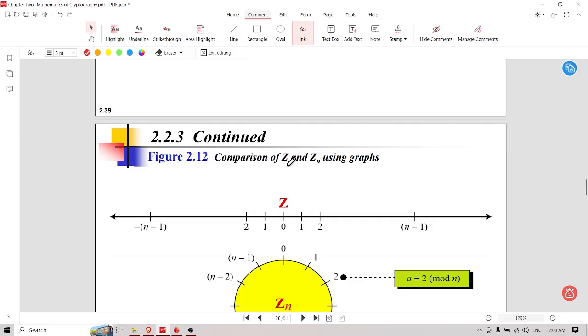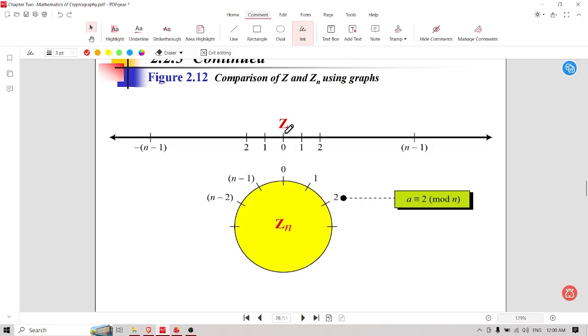Now we have a comparison of Z and Zn using the graph. We have Z, which is between minus 2, minus 1, 0, 1, 2, and so on, while Zn is only between 0 and n minus 1.